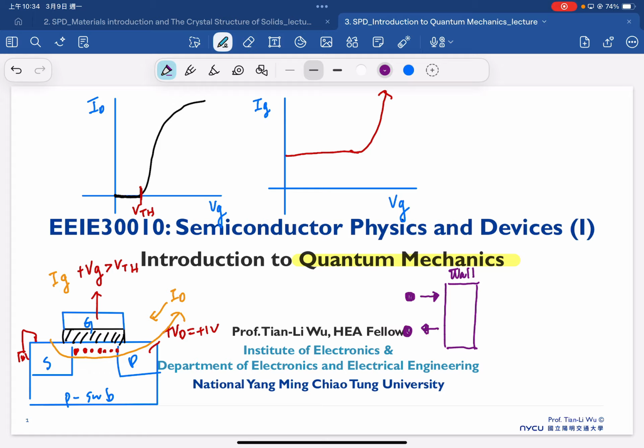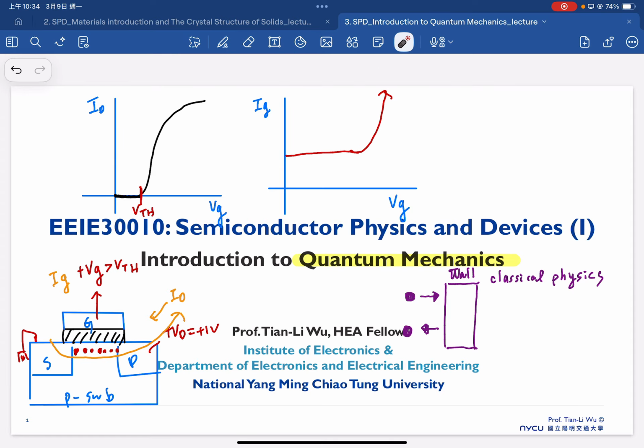So this is classical physics. This is something we learned in high school. But if you try to follow classical physics, imagine this is a ball, just like our electrons. Electrons are also a kind of object.